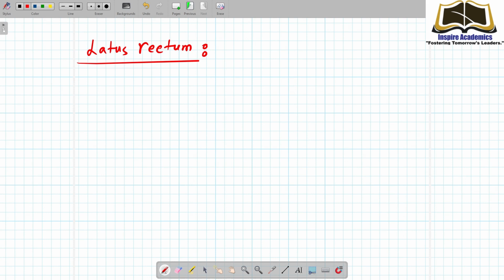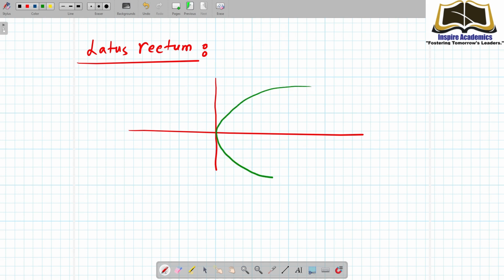Alright, let's draw a parabola, and then a point on it which is a comma 0, which is known as focal point.